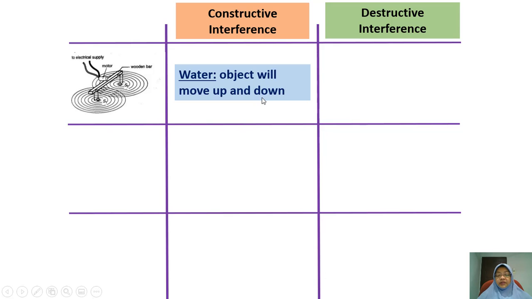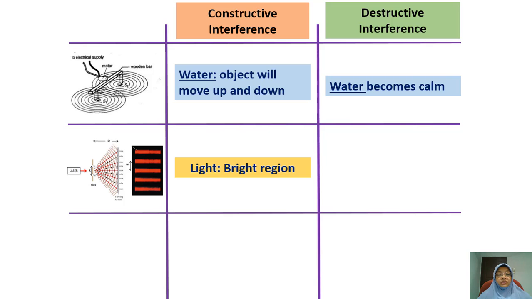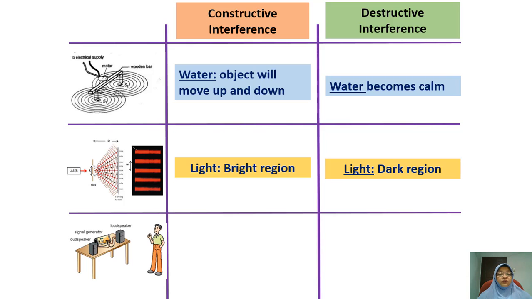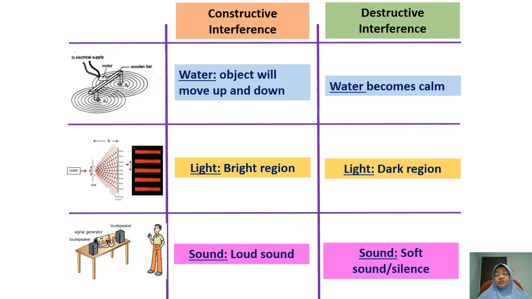And when it is at destructive interference, the water becomes calm, so the object will not move, it is stationary. For light wave, constructive interference is a bright region and destructive interference is a dark region. For sound wave, constructive interference is a loud sound, destructive interference is a soft sound or silence.